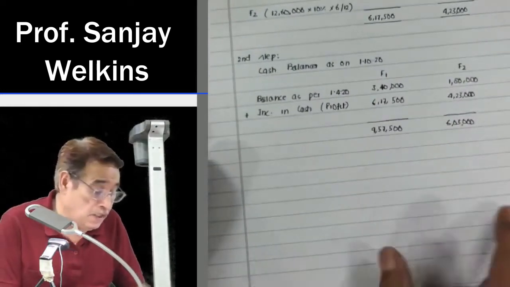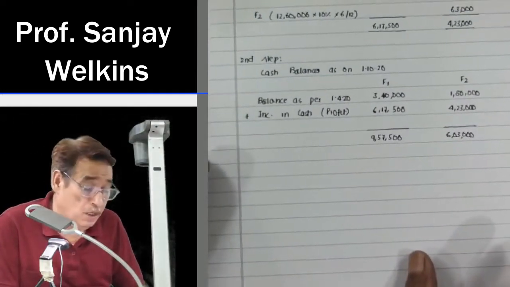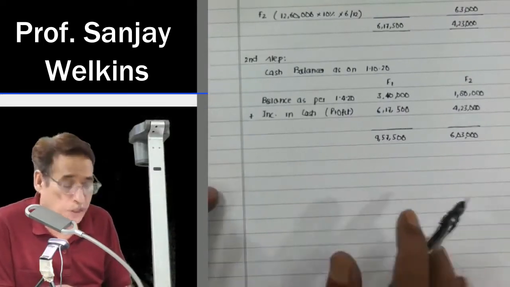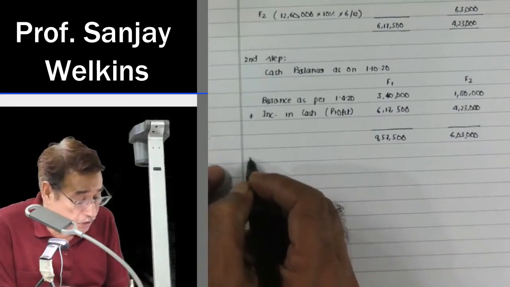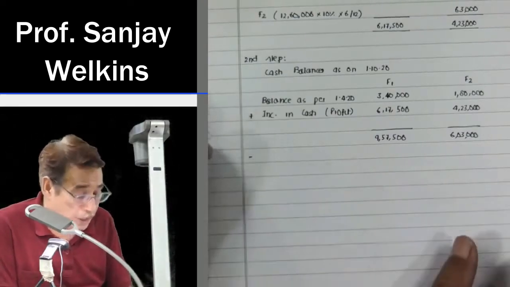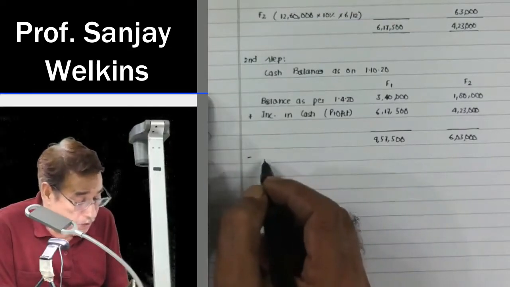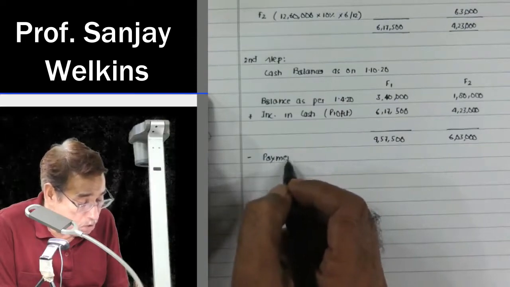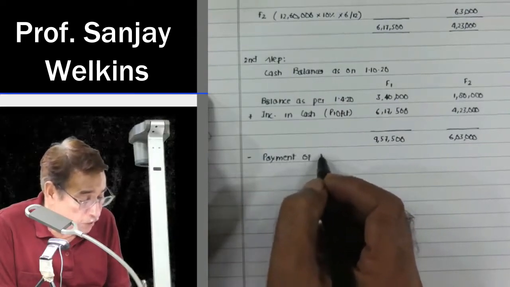The question also states that in the month of August, both the companies made payments for dividend. So when we pay the dividend amount, what will happen? Our cash will reduce. So, payment of dividend.